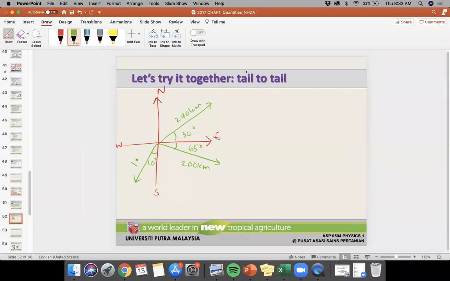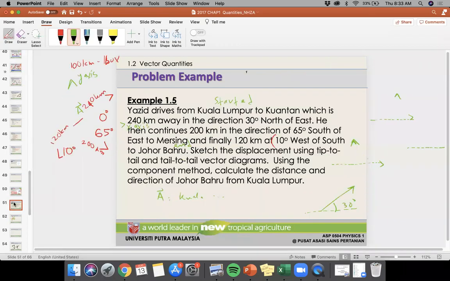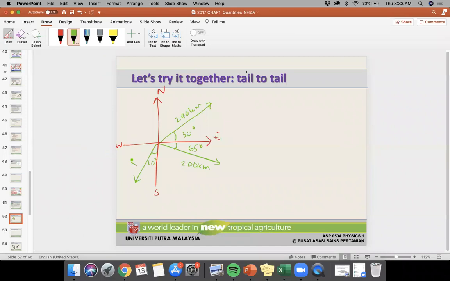Okay. 120 kilometer. Here I drew the tip of the arrow. That means I'm drawing a vector and I put in the magnitude and the angle.